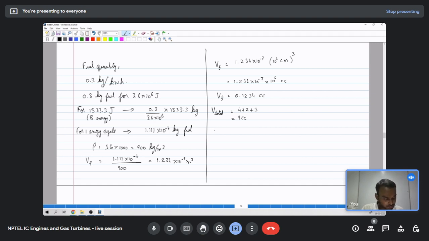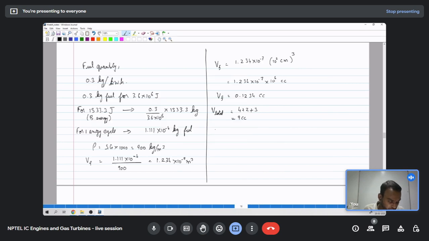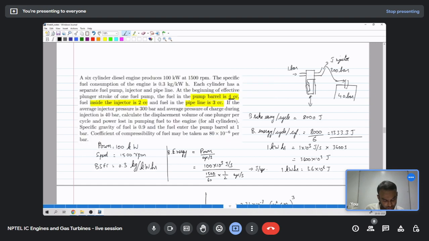Now during compression, the pressure changes from 1 bar to 300 bar, and we can calculate the delta volume for this condition. For delta volume, we know from compressibility that K is delta V by V divided by delta P. Yes, here the compressibility is given per bar.